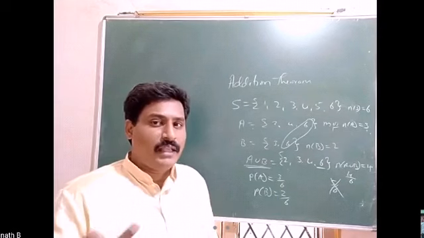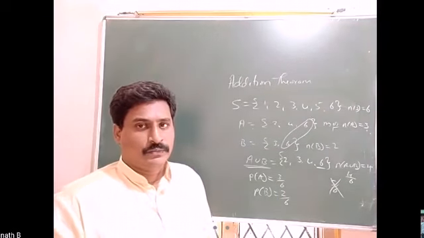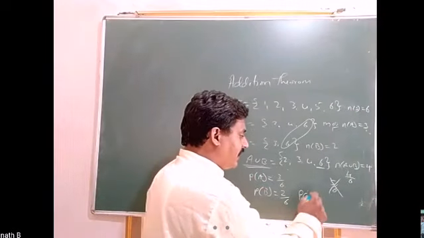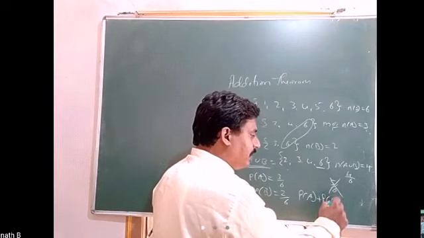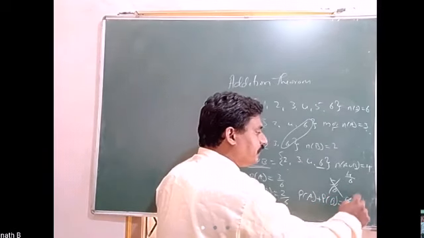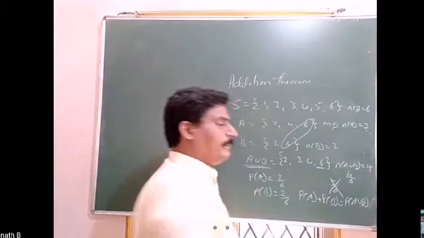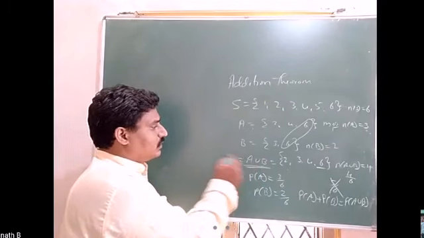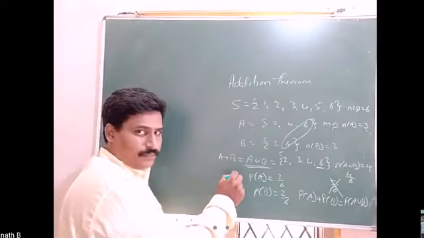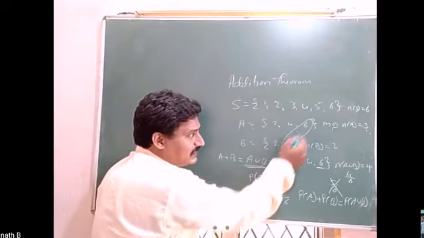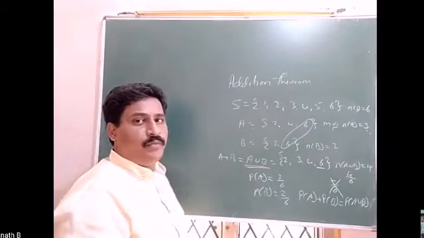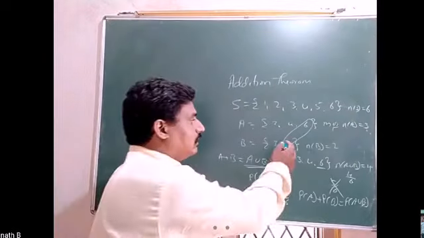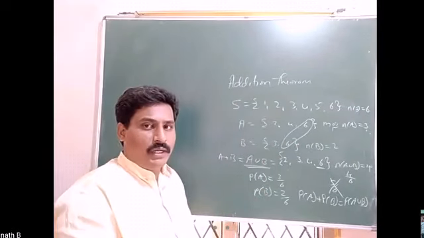When both are mutually exclusive, then P of A plus P of B is equal to P of A union B. So here A union B is equal to A plus B. But here, as there is a common element between both, it will not occur two times, only one time.